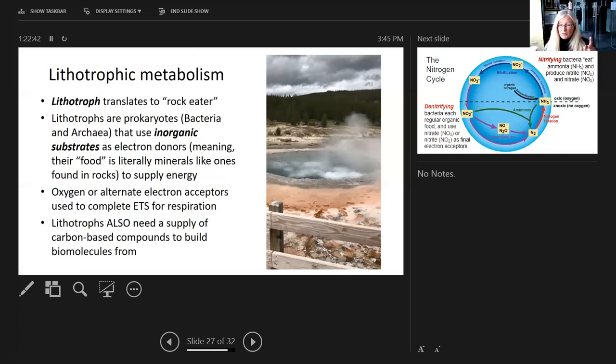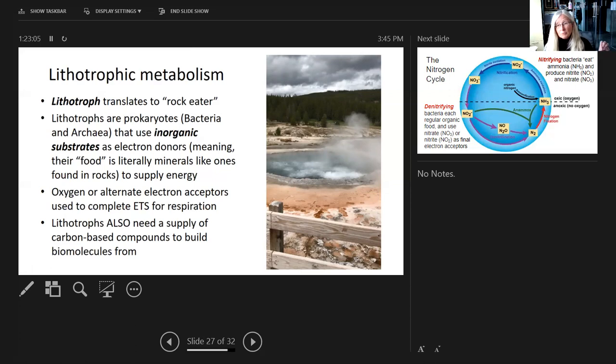But here's the deal. So lithotrophs, this is how they're making ATP. They're oxidizing inorganic substrates and using it to make ATP. They still need a supply of metabolites, of biomolecules to build their cells from. So that has to be supplied in other ways.